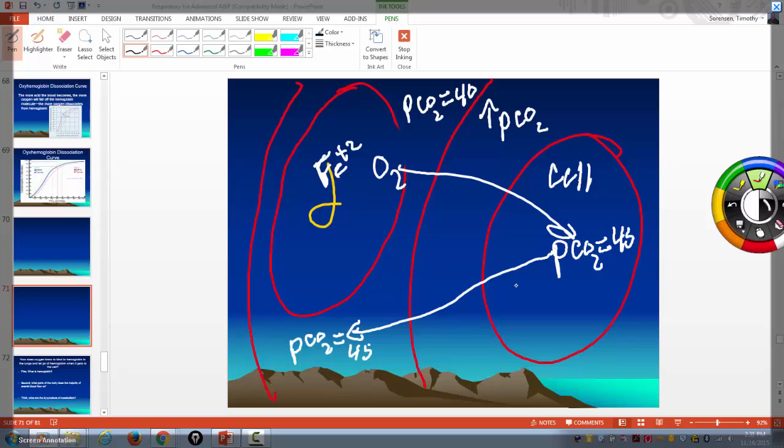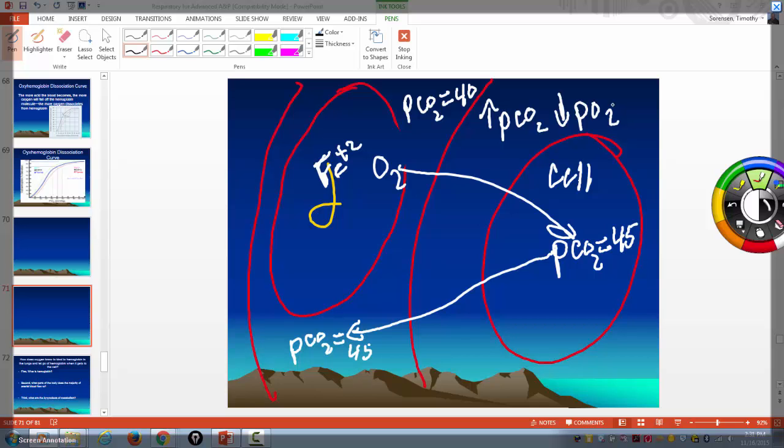At the systemic capillary and the cell. So the higher your PCO2, the more oxygen will fall off the iron on hemoglobin. So we've established so far, high PCO2 causes oxygen to dissociate from the iron on hemoglobin and go into the cell. What other condition causes oxygen to fall off the iron, dissociate from hemoglobin and go into the cell? Low PO2. Both of these conditions are found at the systemic capillary in the cell. Now watch.